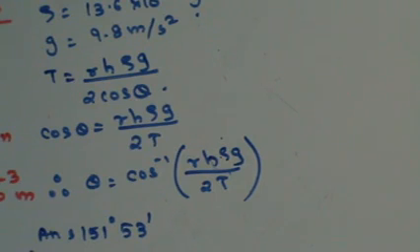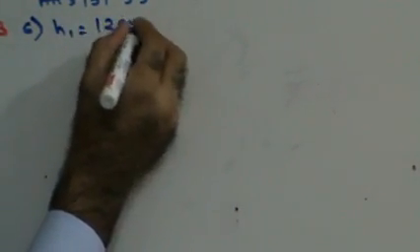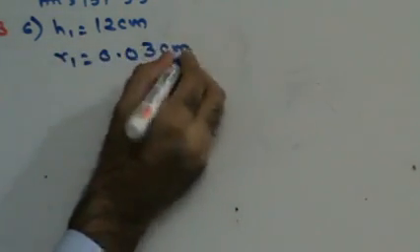Liquid rises to a height of 12 centimeters in a capillary tube of radius 0.03 centimeters.